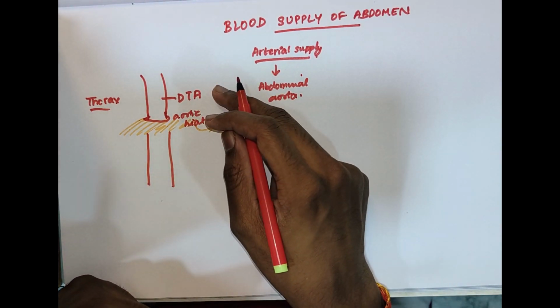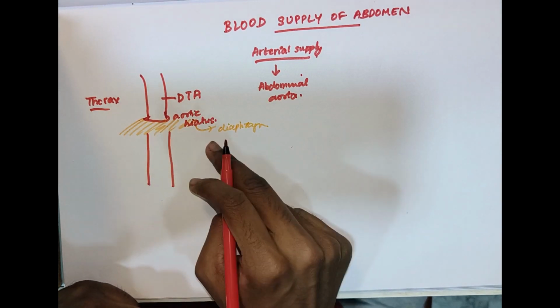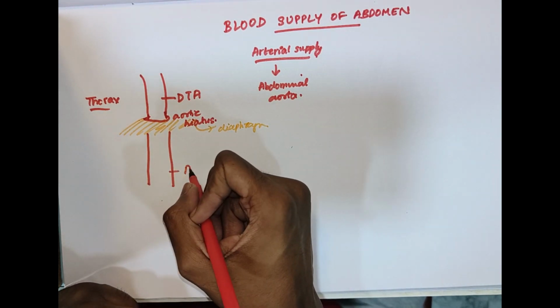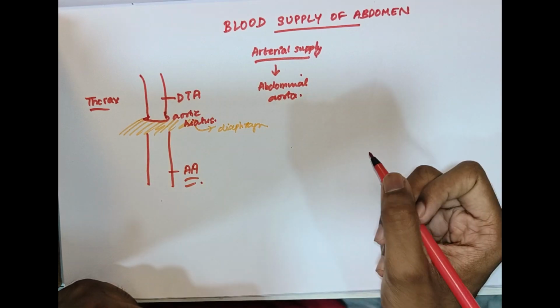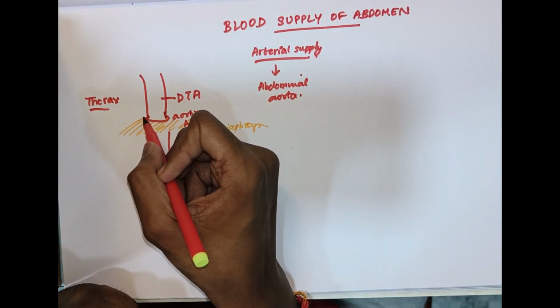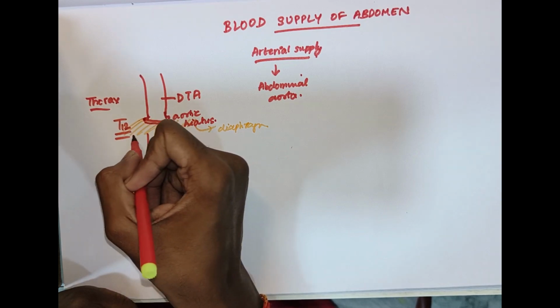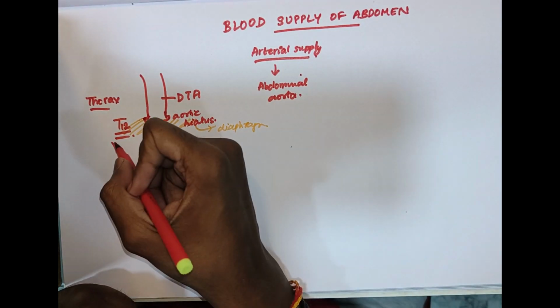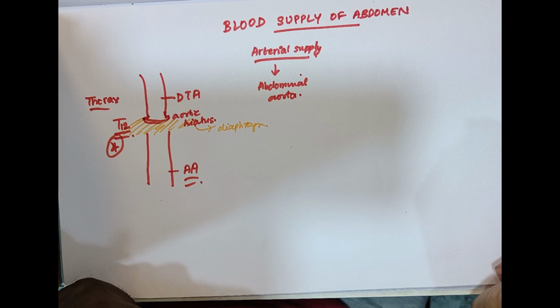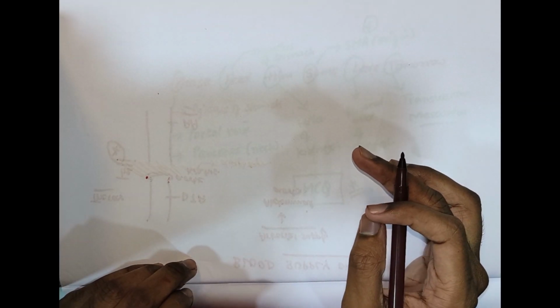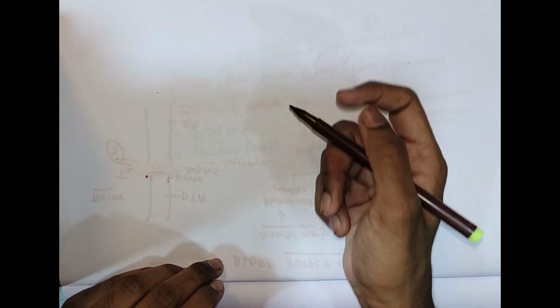So the descending thoracic aorta enters the aortic hiatus in the diaphragm and becomes the abdominal aorta. Where does this aortic hiatus lie? It lies at the level of the 12th thoracic vertebra. This is an important MCQ. So remember this.